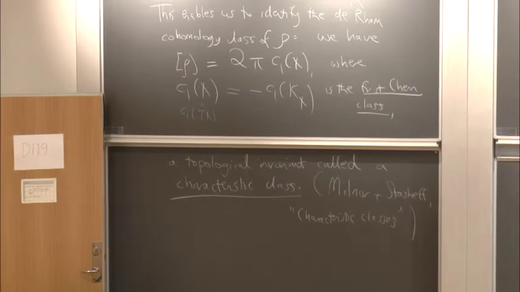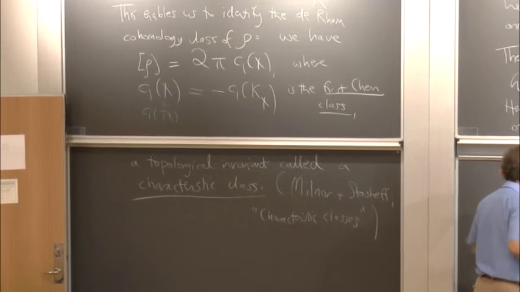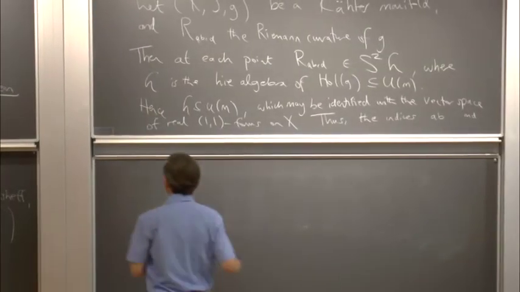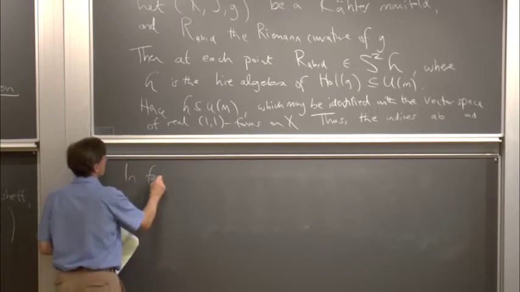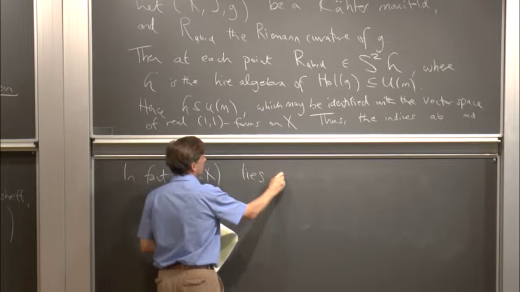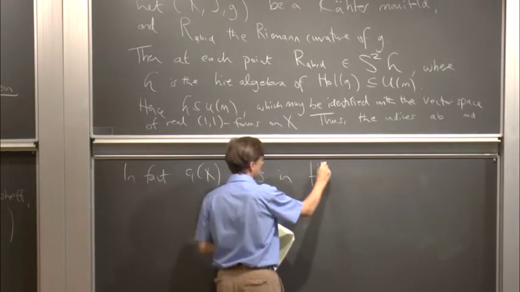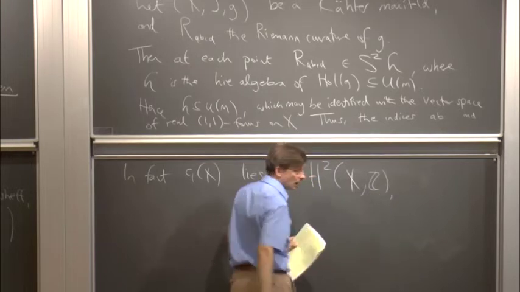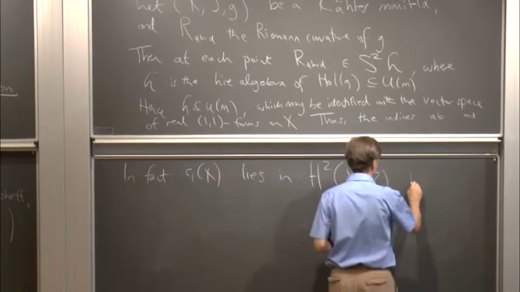And this is something which depends only on the complex structure, or really the almost complex structure, up to isotopy. And in fact, c_1 of X lies in the integral cohomology, H^2(X, Z).